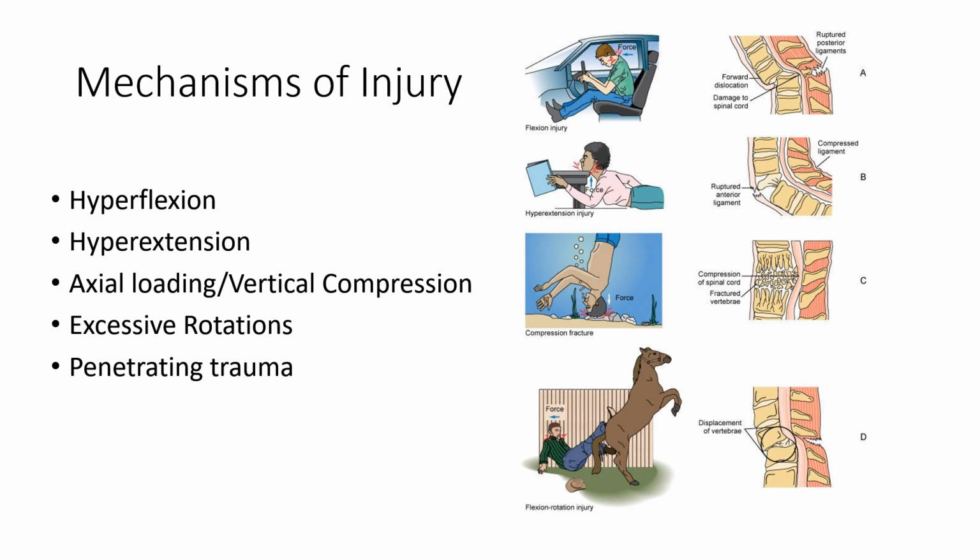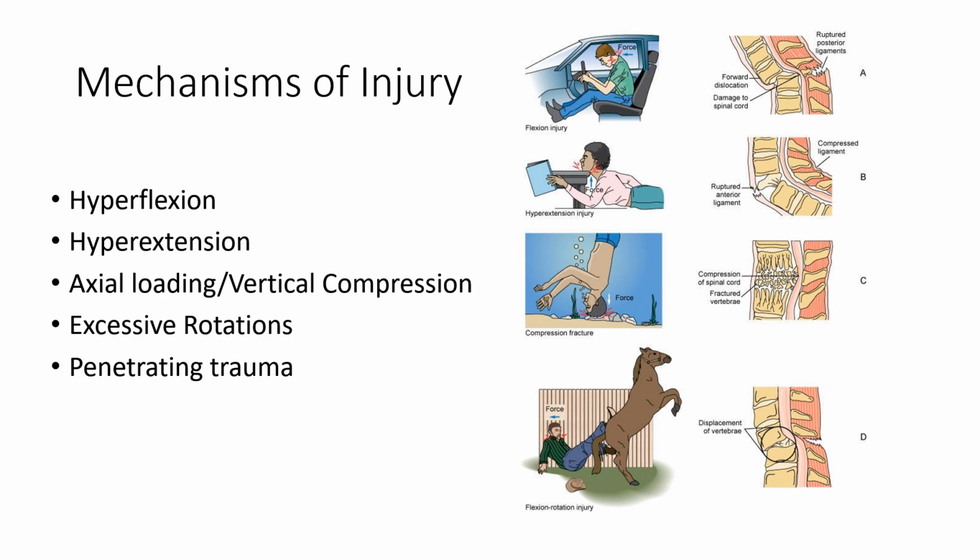An axial loading or vertical compression may occur from diving or falling onto your buttocks, taking a blow to the top of the head. All of these cause the vertebra to shatter, and pieces of the bone may damage the spinal cord.